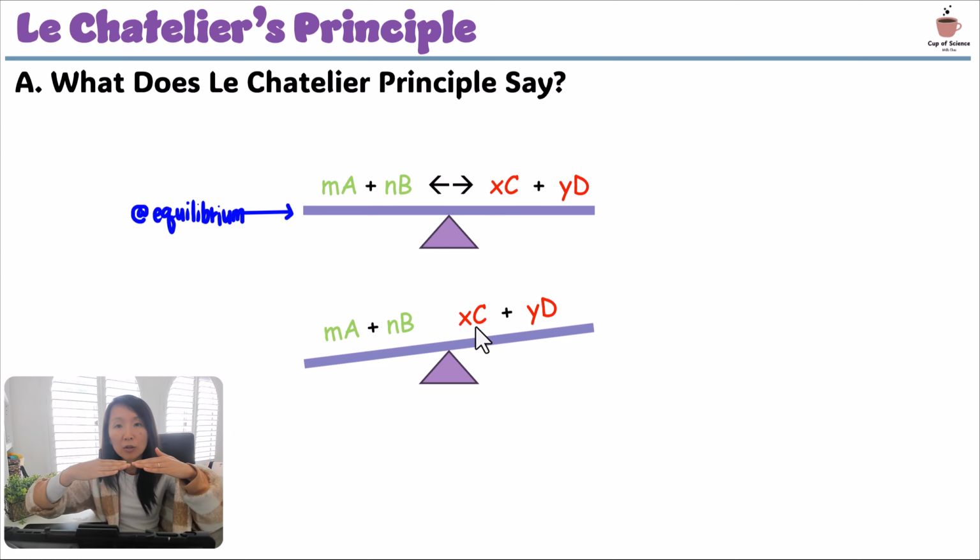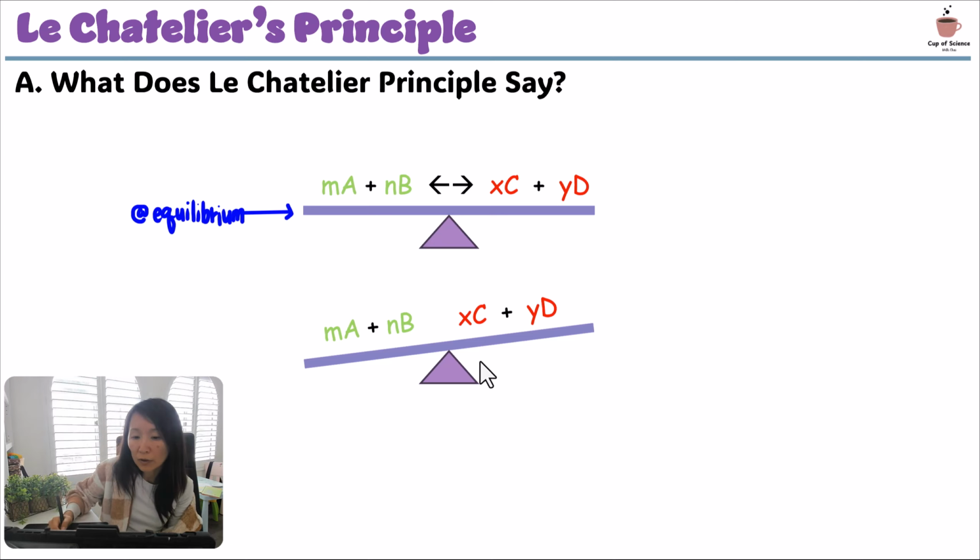Well, the teeter-totter will move such that this left-hand side will fall down. So it's going to do whatever it takes to re-establish the equilibrium. So it's going to want to favor the forward direction.